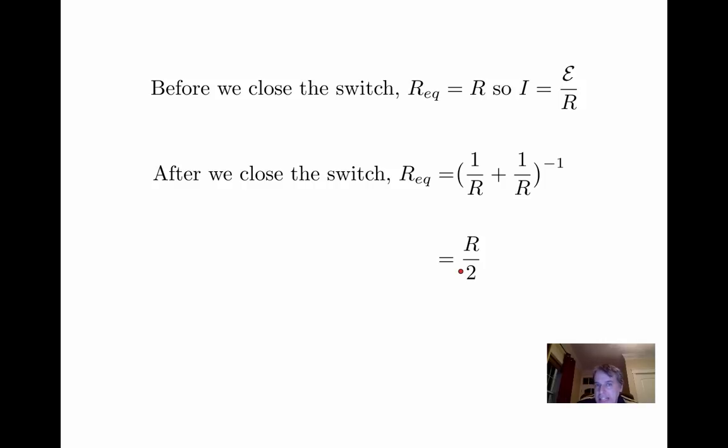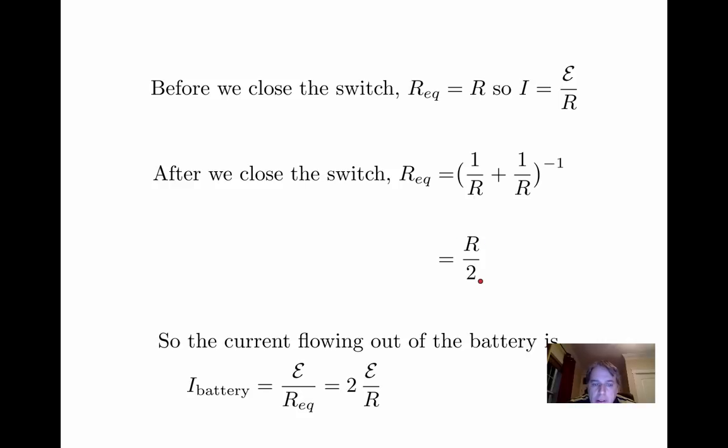We added a resistor, we added a light bulb, and the net effect is to reduce R equivalent. Now, because we've reduced R equivalent, the current now flowing out of the battery when the switch is closed is now the EMF divided by R equivalent, which is R over 2, so we get 2E over R. Notice this result here. The current flowing out of the battery now that the switch is closed is twice the current that we had before we close the switch.